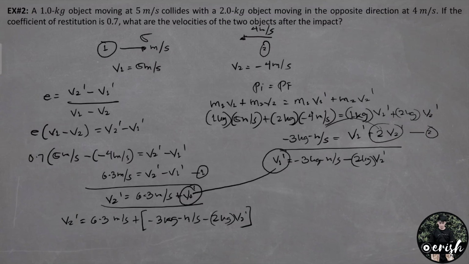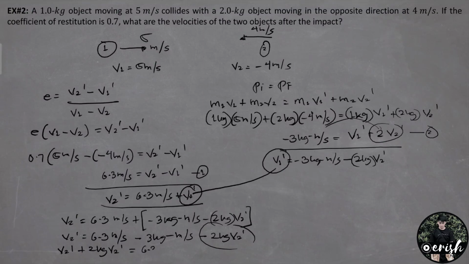We simplify the equation. V2 prime is equal to 6.3 meters per second minus 3 kilograms meters per second minus 2 kilograms V2 prime. Pagsamahin natin yung terms with V2 prime. So we have V2 prime, lipat na natin sa kabila, magiging positive 2 kilograms V2 prime equals 6.3 meters per second minus 3 kilograms meters per second.